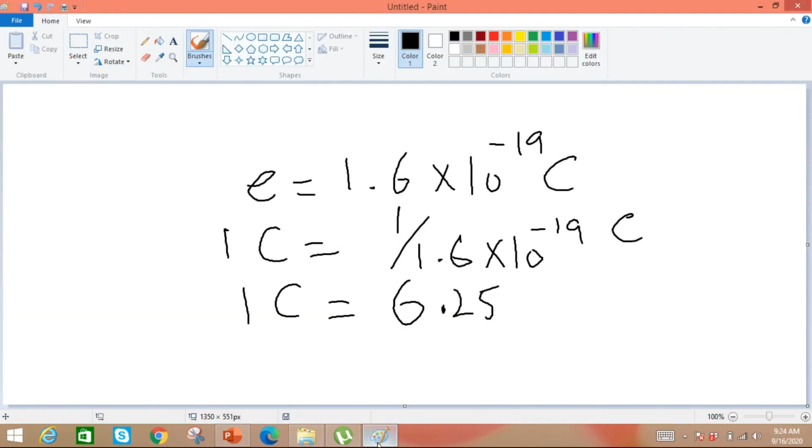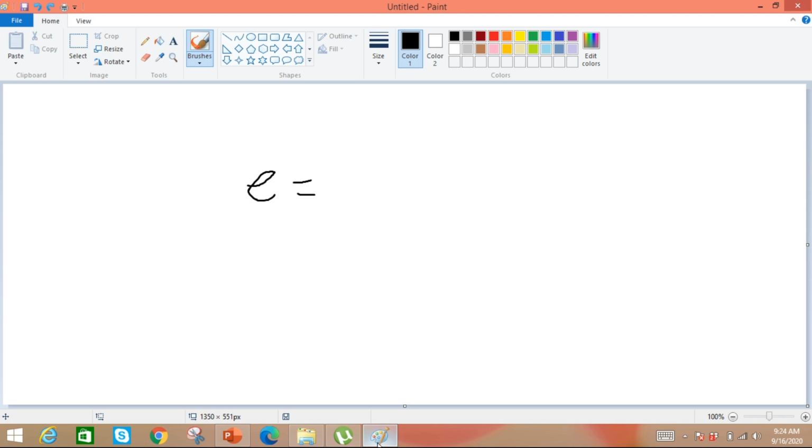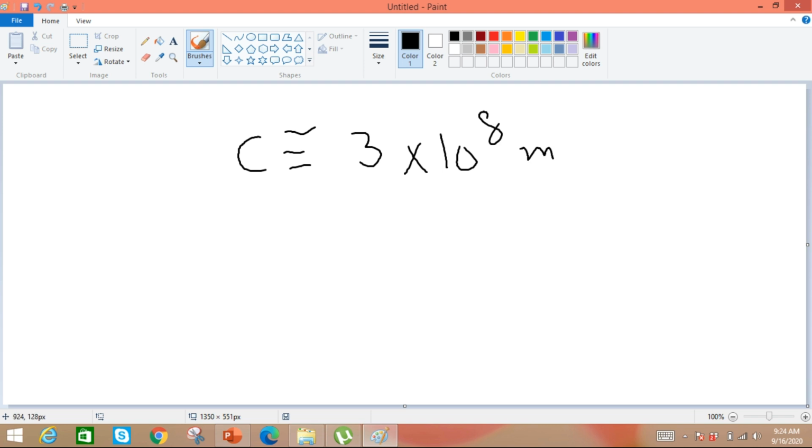So the speed of light or the velocity of electromagnetic wave is approximately equal to 3 into 10 raised to power 8 meter per second.